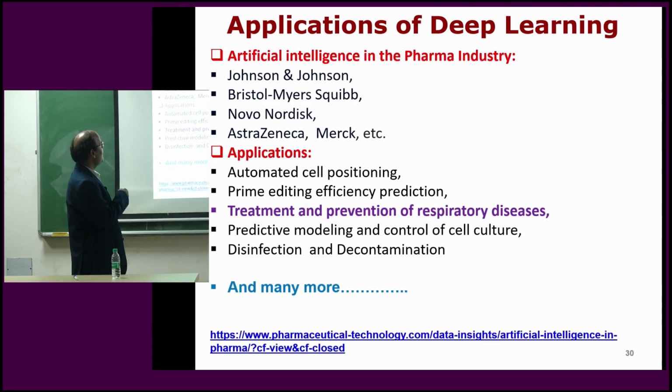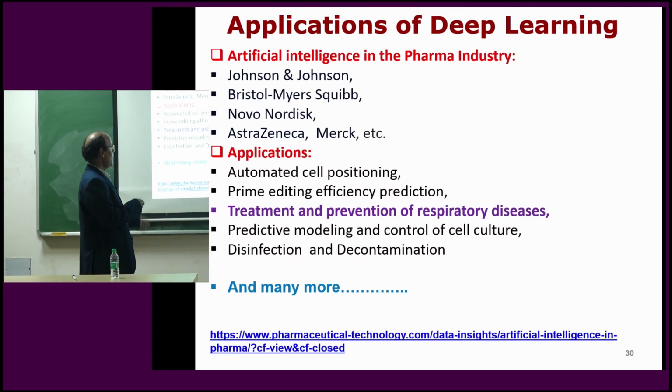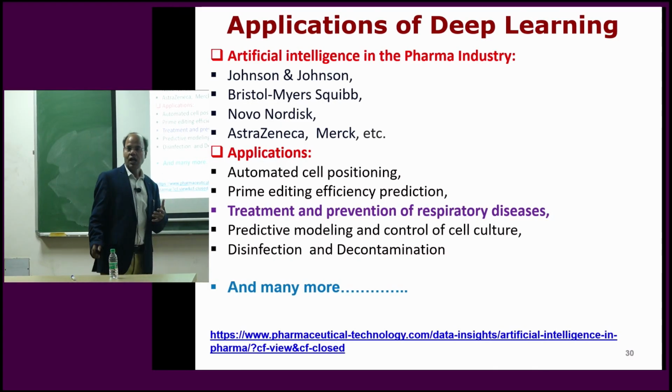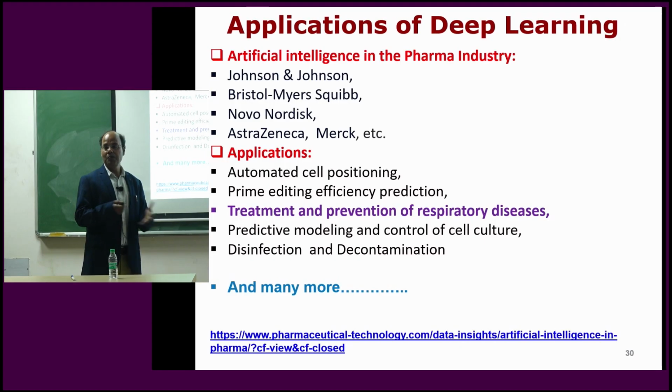The pharma industry has used it, and a lot of applications are being built, especially for respiratory disease and heart-related things. Most hospitals do live monitoring of BP, sugars, and all things. A doctor can see sitting at home by deploying IoT sensors in the hospital as well.